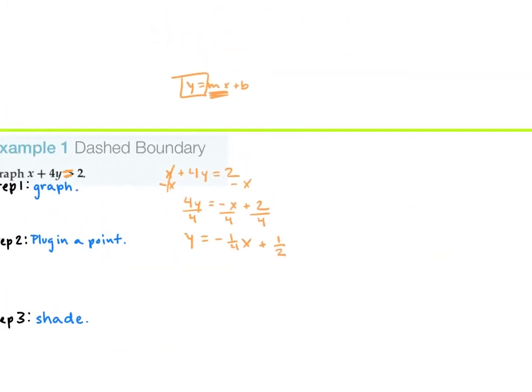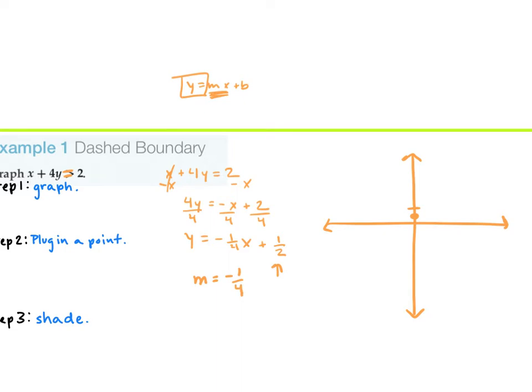So now I can graph it. We always start with our y-intercept when graphing. So we're going to go up 1/2, put a point there. And then our slope is negative 1/4.